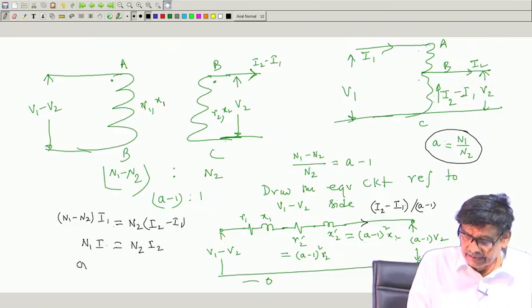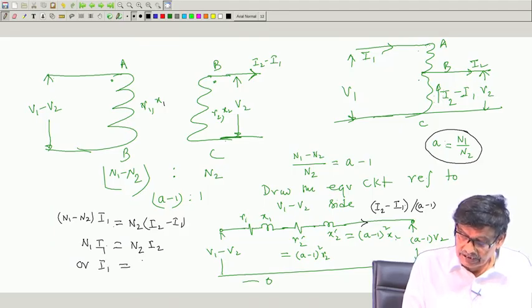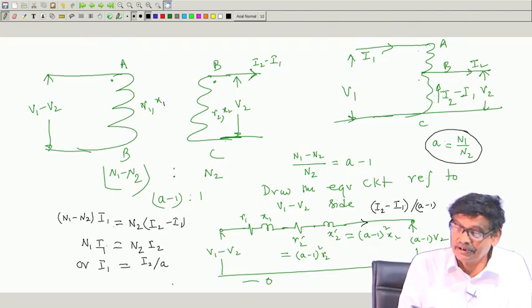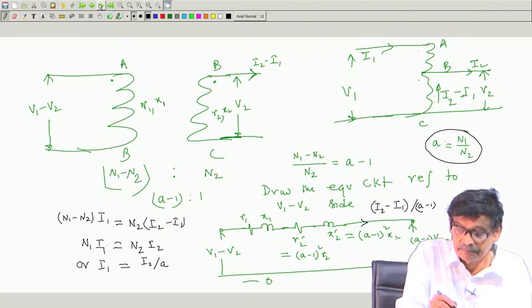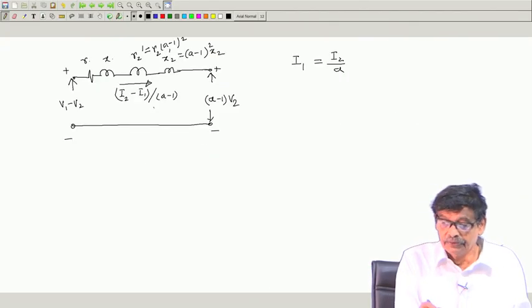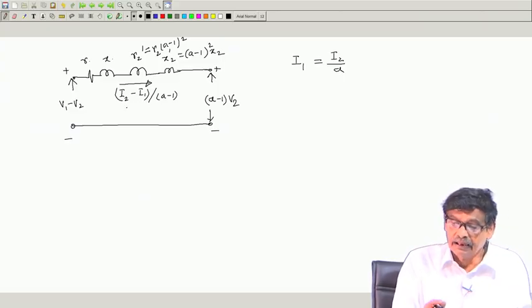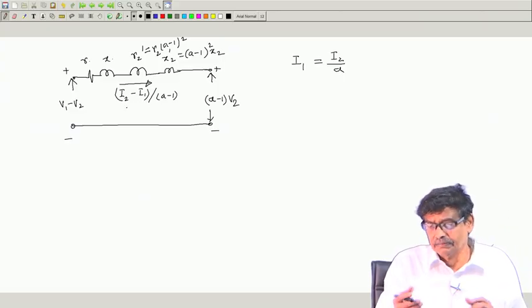Or I can say that I 1 can be also written as I 2 by A. A is N 1 divided by N 2. So, knowing this, what is our goal?